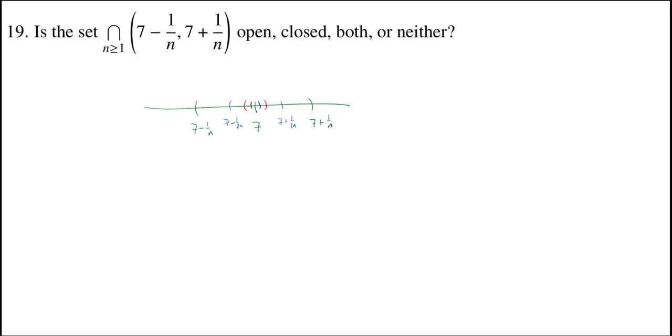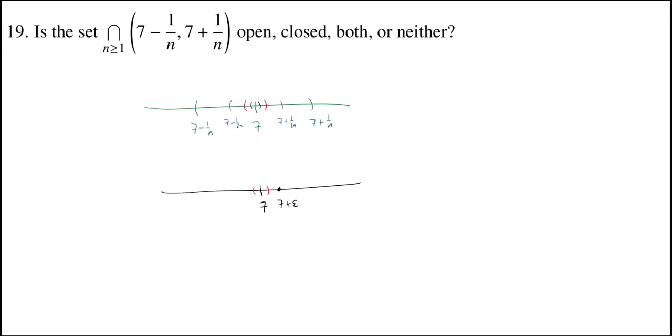You may say, wait, how do you know you don't get anything else in there? Well, let's say here's 7 right here, and I think that there's some other point which is going to be in the intersection. However, by the Axiom of Archimedes, I can make an n large enough that this interval will stop before I get to this 7 plus something. So maybe this was 7 plus some epsilon.